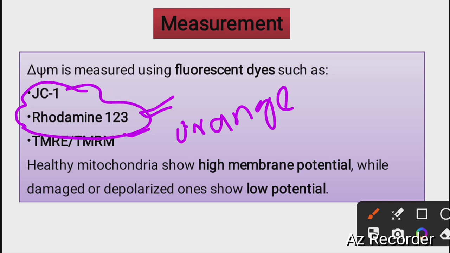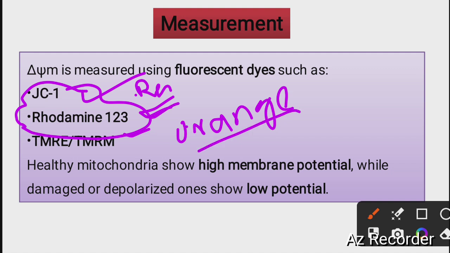Okay, and the main comparison between JC-1 and TMRE: first, the fluorescence type. JC-1 produces red aggregates, whereas TMRE produces orange aggregates.